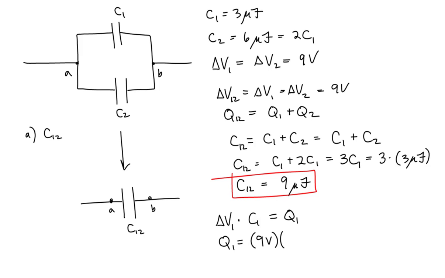The capacitance of the first capacitor is 3 microfarads. So to one significant figure, the charge on the first capacitor is 30 microvoltfarads, which ends up being equal to 30 microcoulombs.